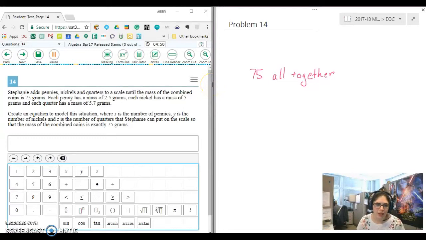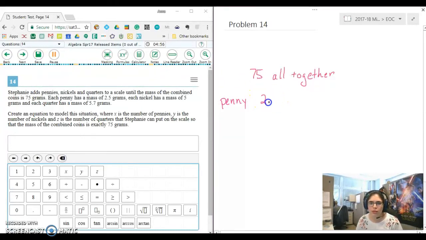So for pennies, each penny has a mass of 2.5 grams. And down at the bottom it says X is the number of pennies.